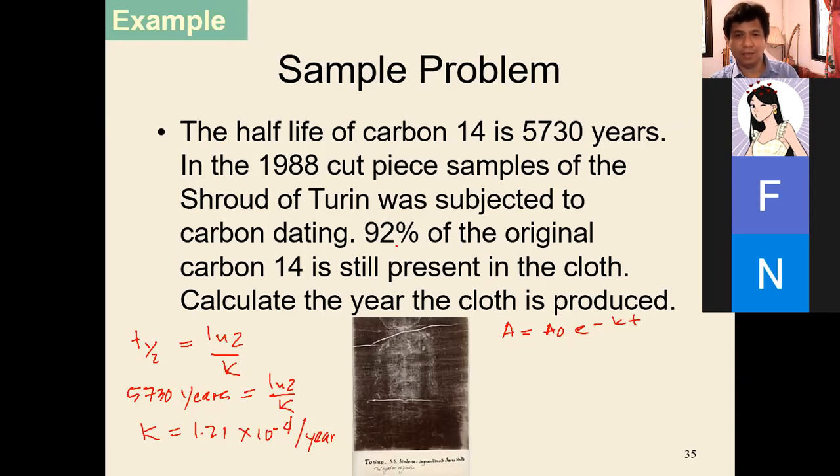So, ang A, 92 pa rin. Tama, Everlyn. Tama, Jamila. Tama, Patricia. Tama, Emmanuel. Tama, Gio. 92 pa rin ang A, kasi it's still present. Yung mga previous problem natin, converted yung term na ginamit. Pero ito, still present. So, 92 yung ating A. Kung halimbawa, A sub O nyo is 100, ang A, 92.